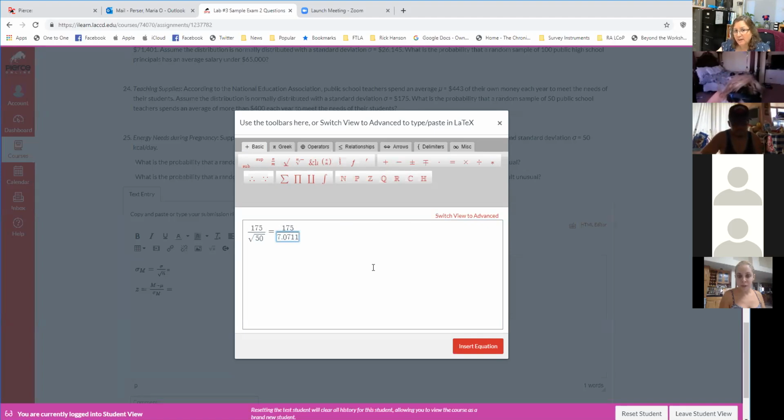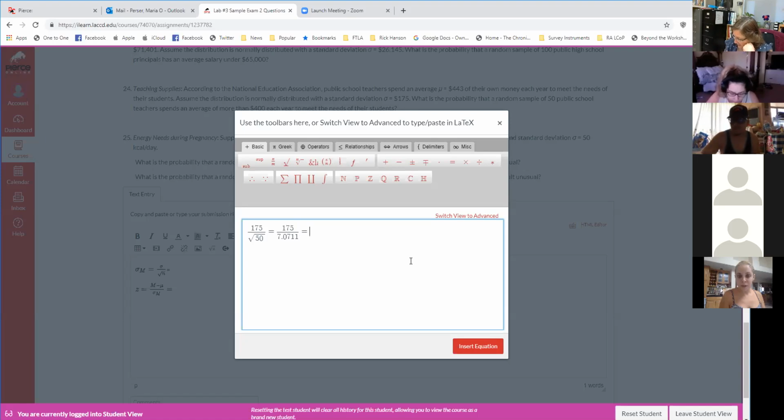And you can actually round it to 4 decimal places. The reason I say that is because the sooner you round, the more inaccurate your z-score is going to be. Okay? So you want to make sure that when you're rounding, you round at the end, right?